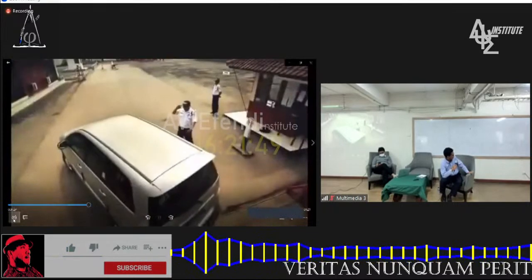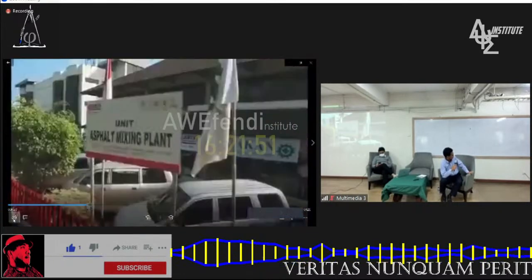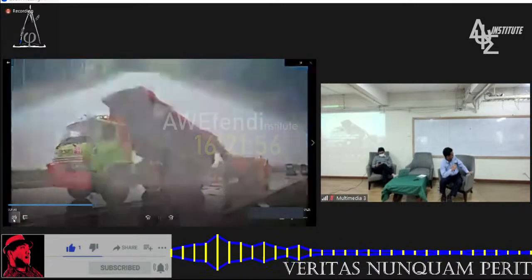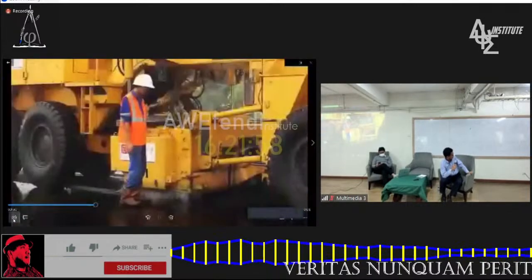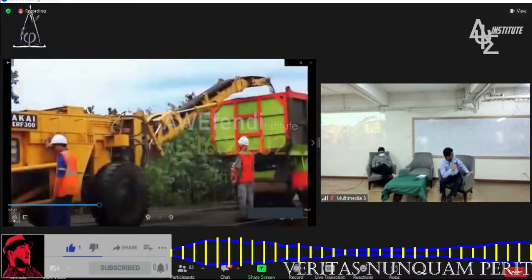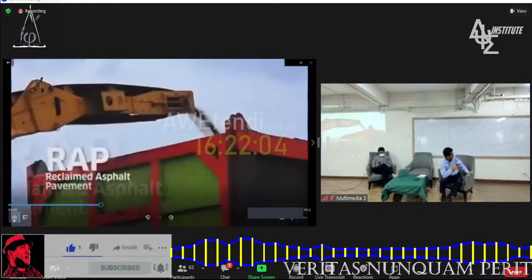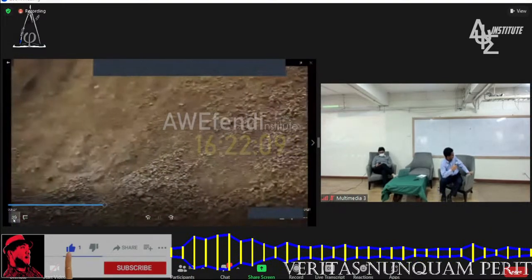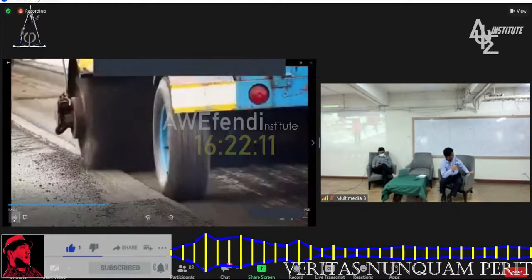Layanan satu atap yang ditawarkan Jaya Konstruksi meliputi keseluruhan proses konstruksi jalan raya. Proses pengerukan aspal lama dilakukan menggunakan cold milling dan menghasilkan reclaim aspal pavement atau RAP yang menjadi salah satu material dasar untuk membuat aspal beton dengan sistem hot recycling.